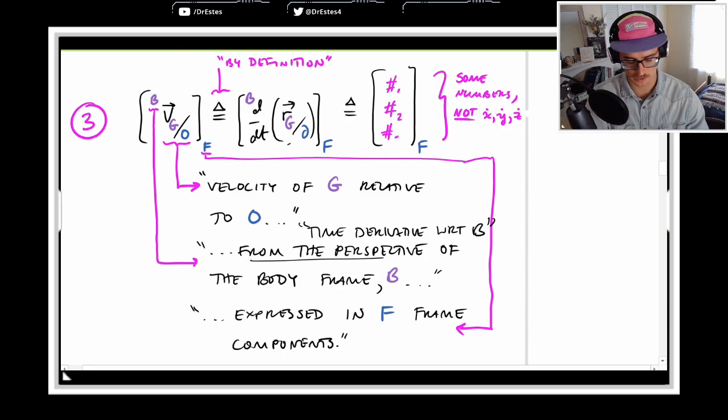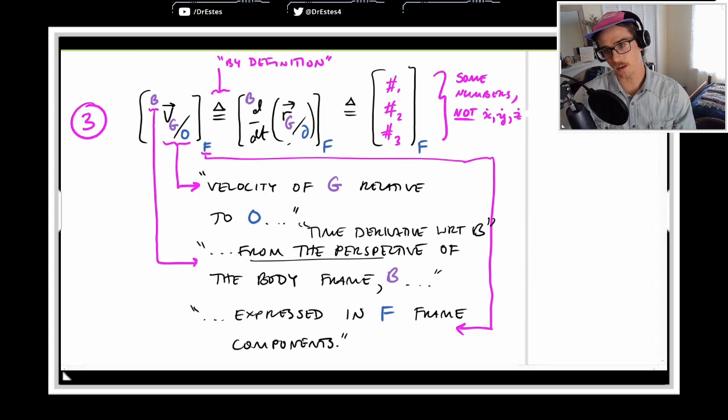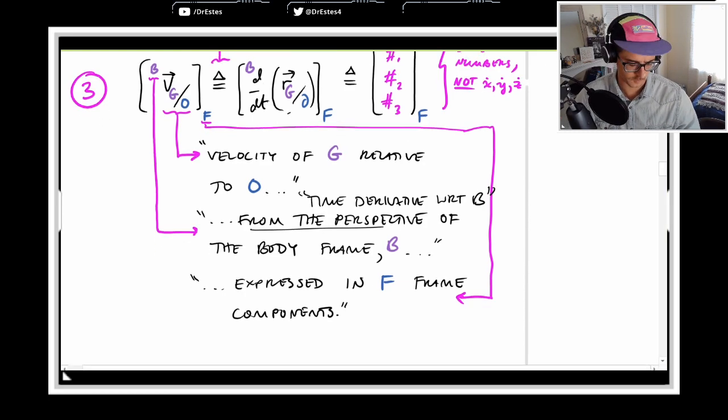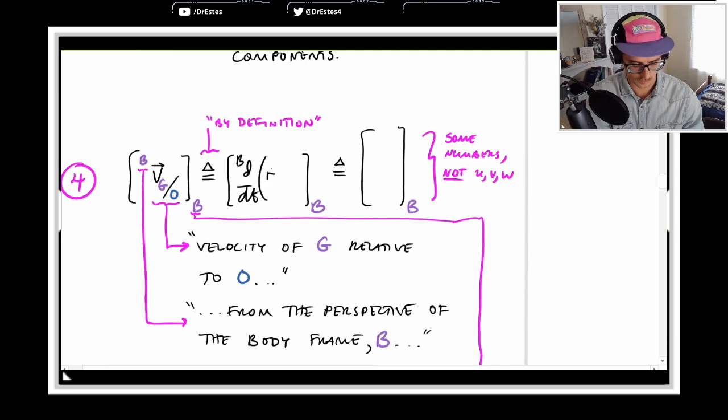Generally, you could project this onto the F frame and you'll be able to populate that vector with a couple numbers. Okay, one more case, and then we're going to do an example with numbers, which I think will help. So this is the velocity of G relative to O. I'm taking the time derivative in the B frame, and then I'm projecting that into B frame components. And because it takes a little time to do those colors, we're just going to do it like this.